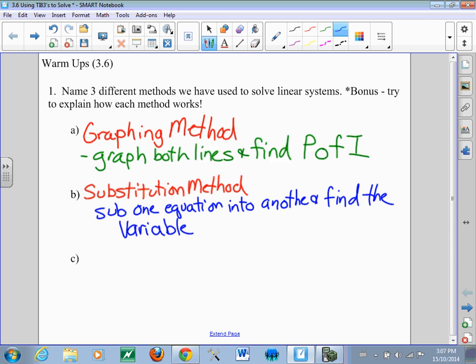And of course, folks, once you find the one variable, you sub it into one of the equations and find the second variable.